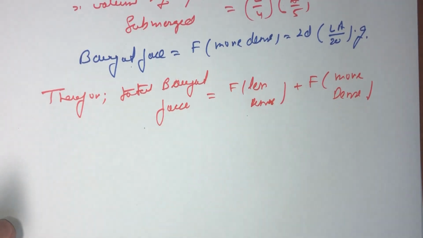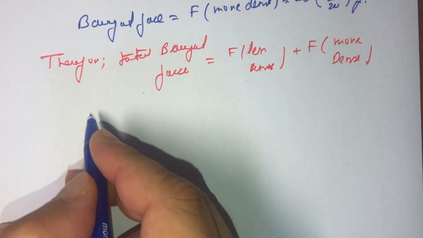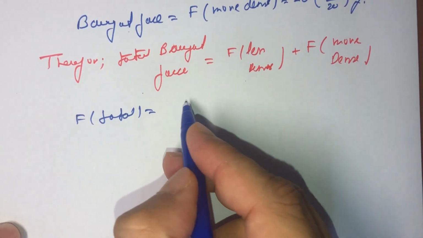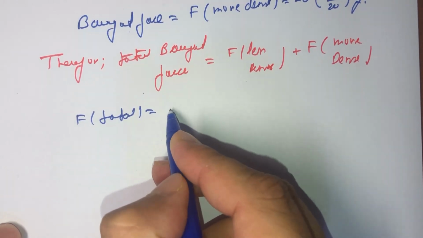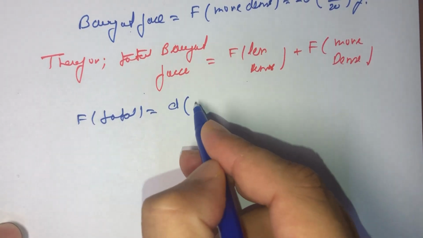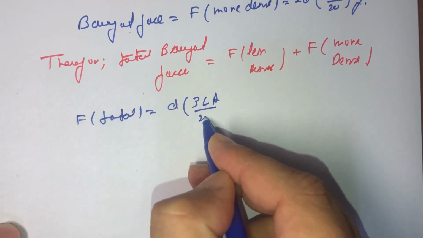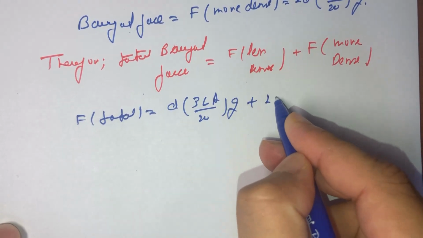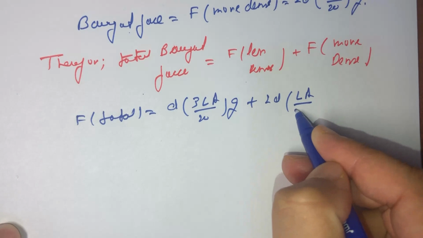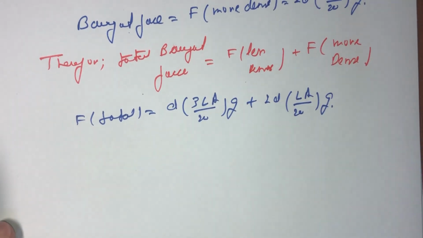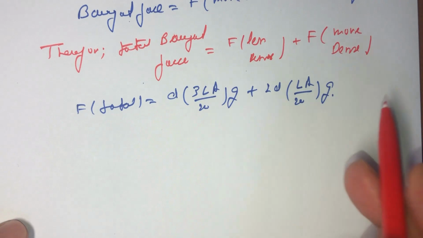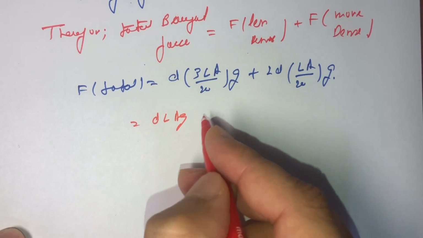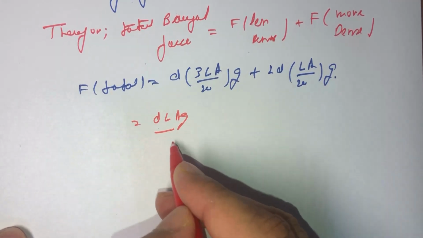So F total is equal to d times 3LA/20 multiplied by g, plus 2d LA/20 multiplied by g. We can take dLAg common, and 20 also common.